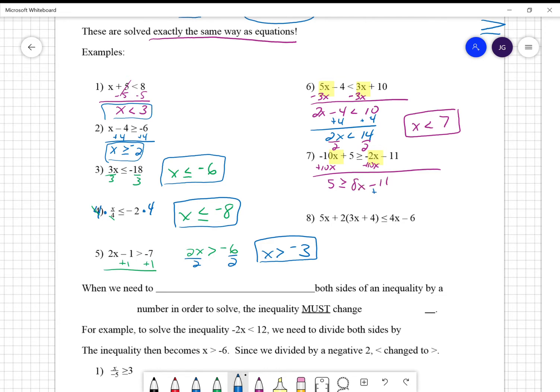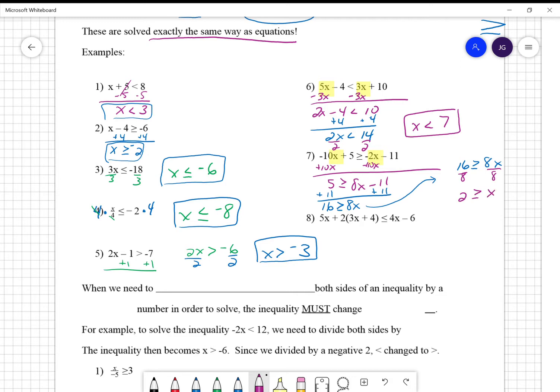Add 11 on both sides to get x by itself. 16 is greater than or equal to 8x. And the last step, divide by 8 to get x by itself. I have 2 is greater than or equal to x.